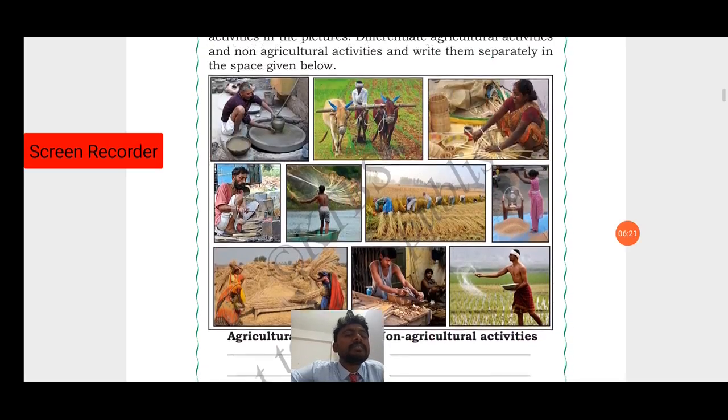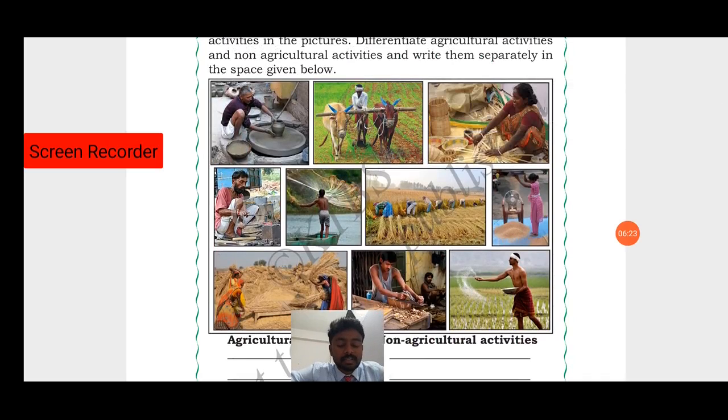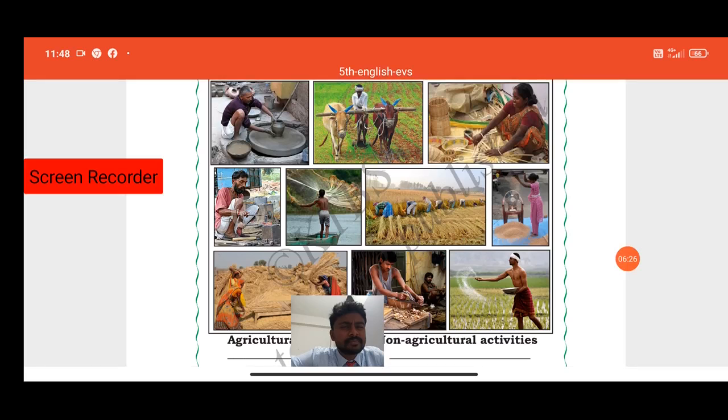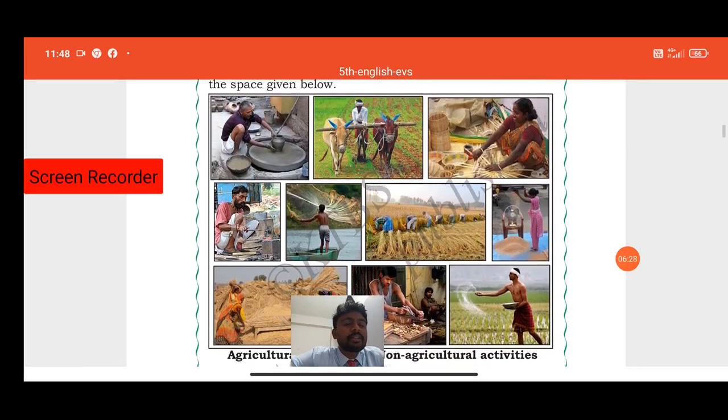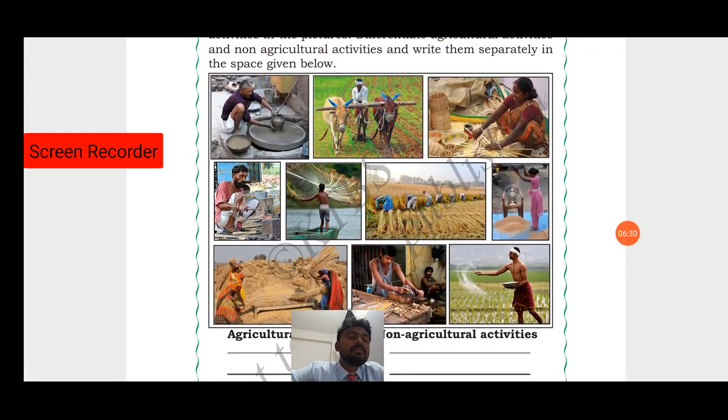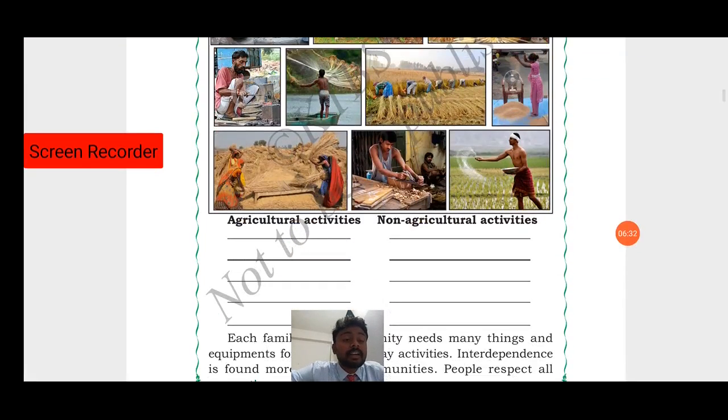You can see several activities are there. Yes or no? So what are these activities? I will directly show the answers. You only write on page number 34. All of you open page number 34.